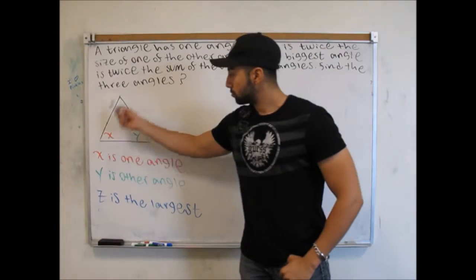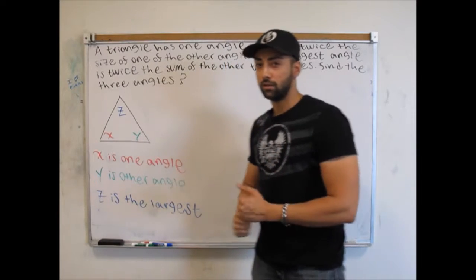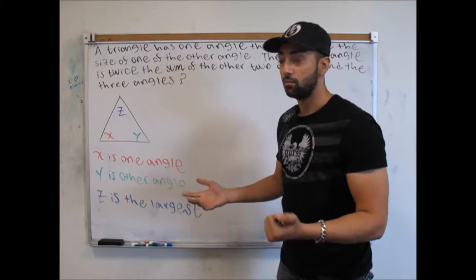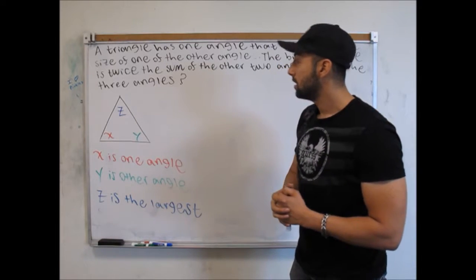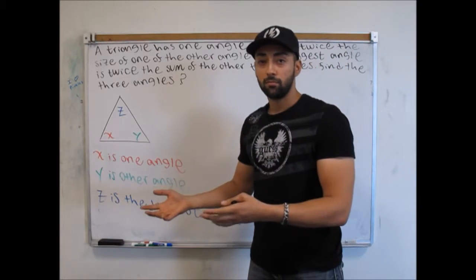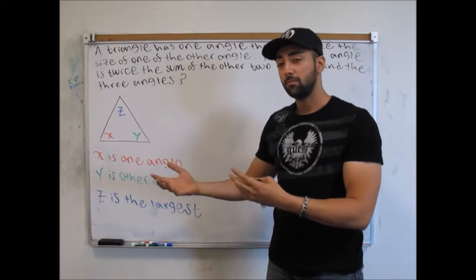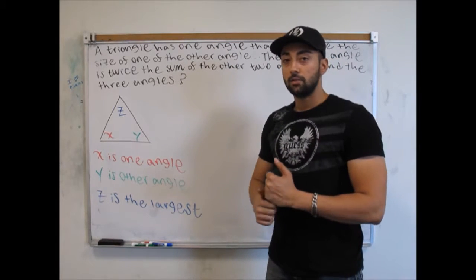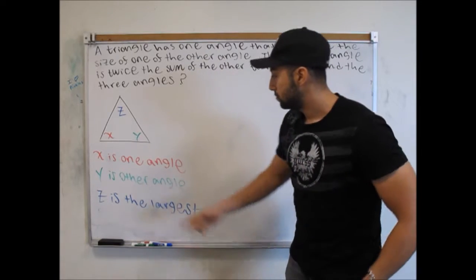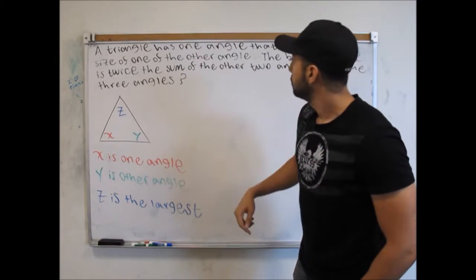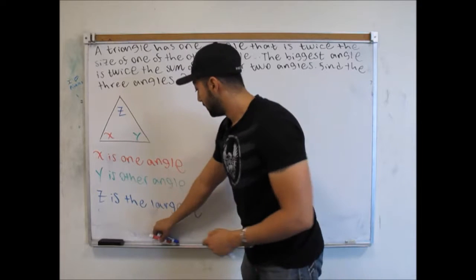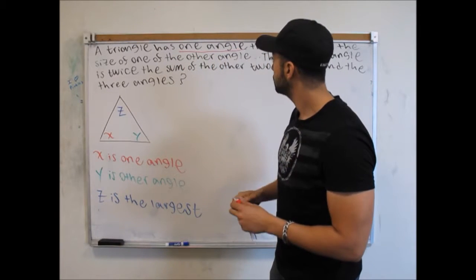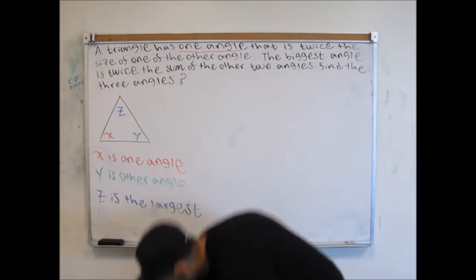Here I just drew a triangle to get a feel of what they're talking about. I labeled the angles with the variables x, y, and z, and then I declared my variables before I started. I named them according to what the word problem stated, so I could use that to my benefit. I said x is one angle, because it said up here that a triangle has one angle, so I named that one angle x.